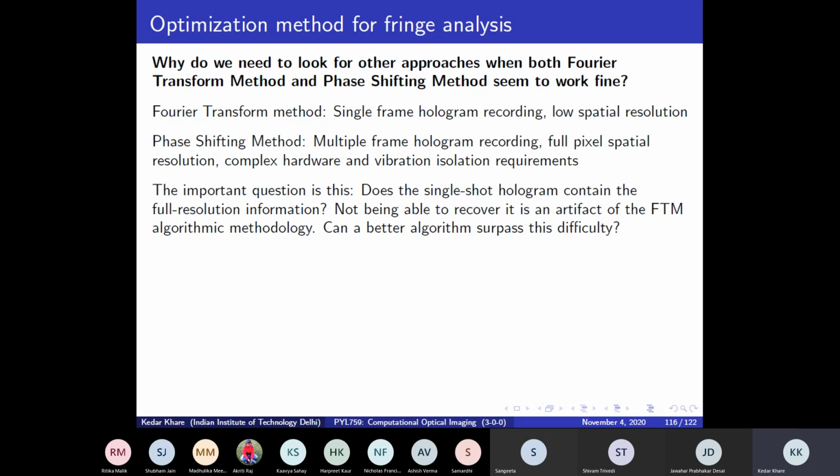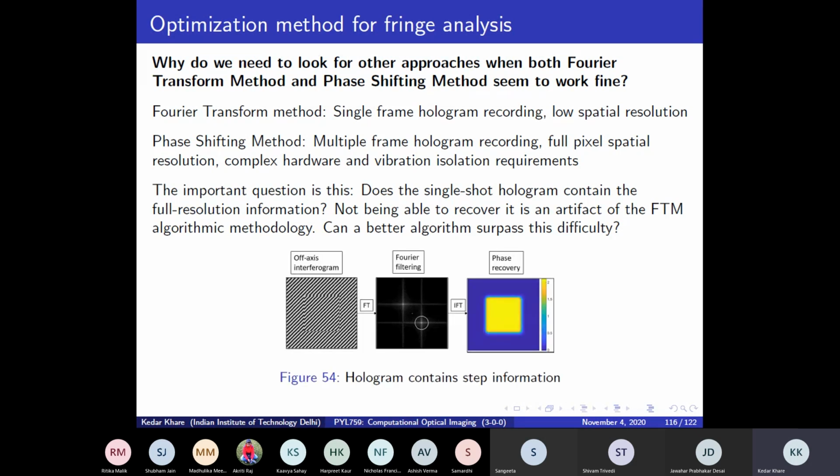Okay, so let us look at this illustration again. I have a step object kind of interferogram, the kind of fringes that I showed you yesterday for cells. But you see that again, if you take the Fourier transform, you get some lobes. I have shown the Fourier magnitude on a log scale here. You see that these bands are actually extending quite much beyond this circle that I showed yesterday.